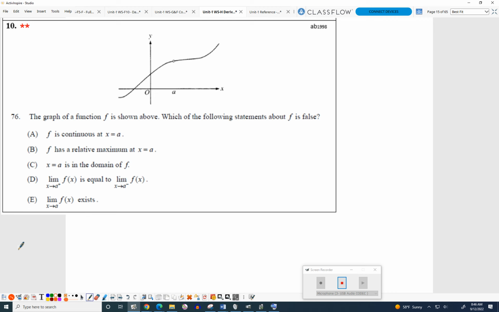Okay, I'm going to have MJ help me for a second, then we'll vote again. So in this picture right here, MJ, at x equal a, what is the y coordinate at x equal a according to this graph?